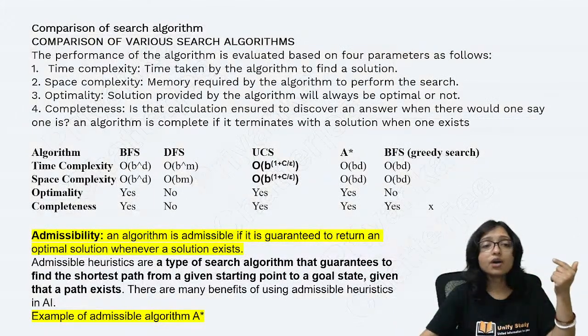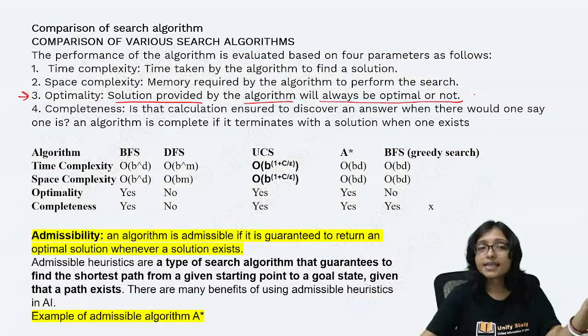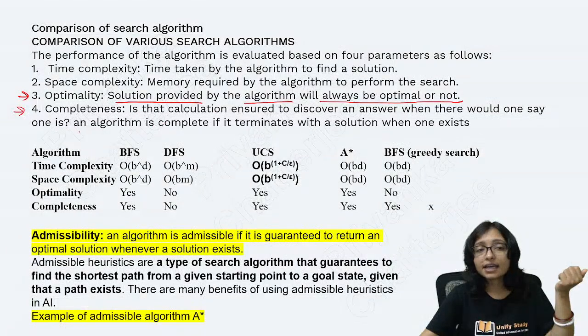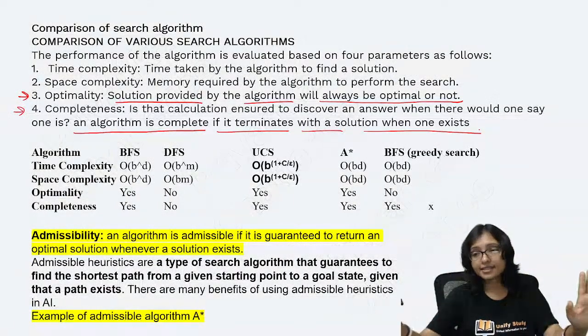Now what is called optimality? It means the solution provided by the algorithm will always be optimal or not. Completeness means the algorithm is complete if it terminates with a solution when one exists.